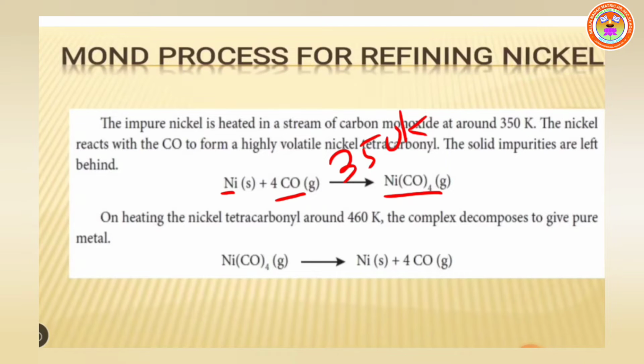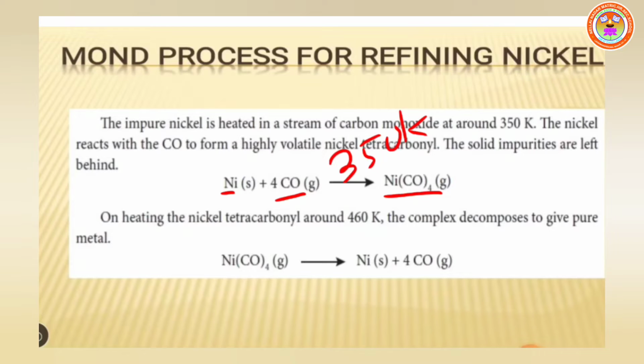In the nickel tetracarbonyl complex, there are 4 CO. So before CO on the reactant side, we should write 4. So the balanced equation is Ni plus 4 CO gives Ni(CO)4. Here the carbon monoxide and the nickel tetracarbonyl complex are in the gaseous state, so write g. The nickel metal is in the solid form, so write s.